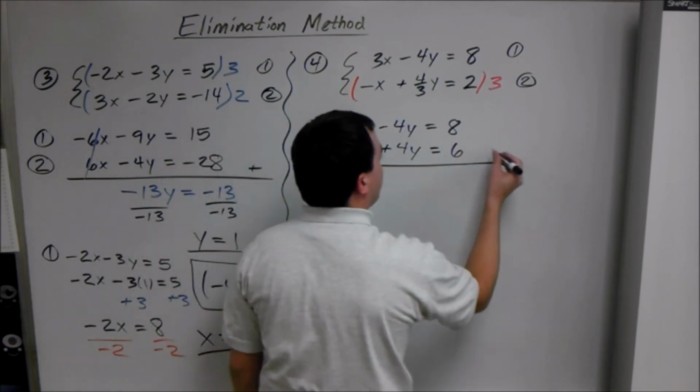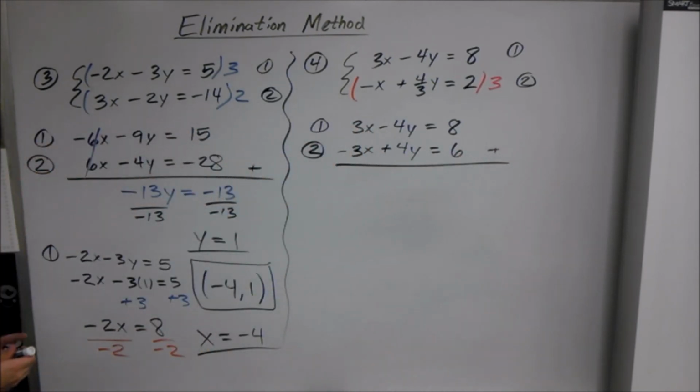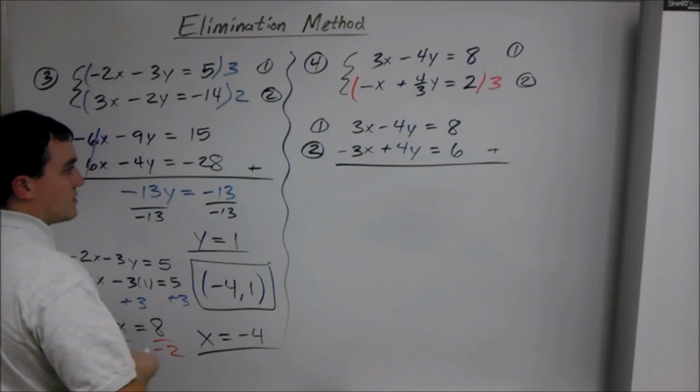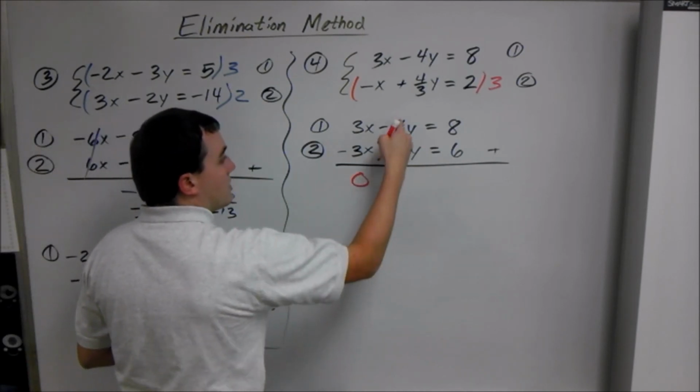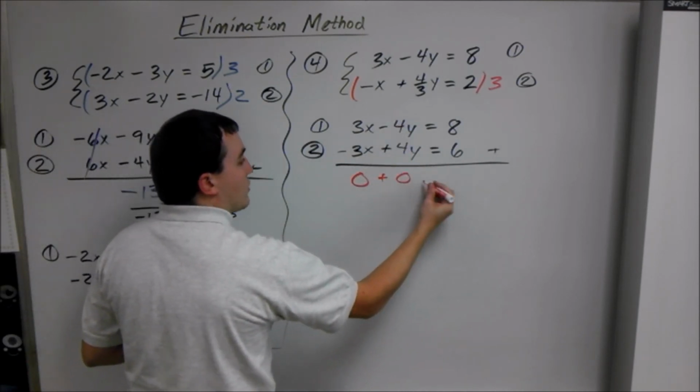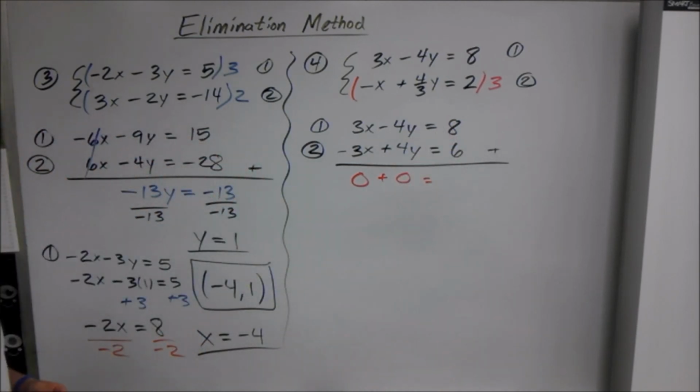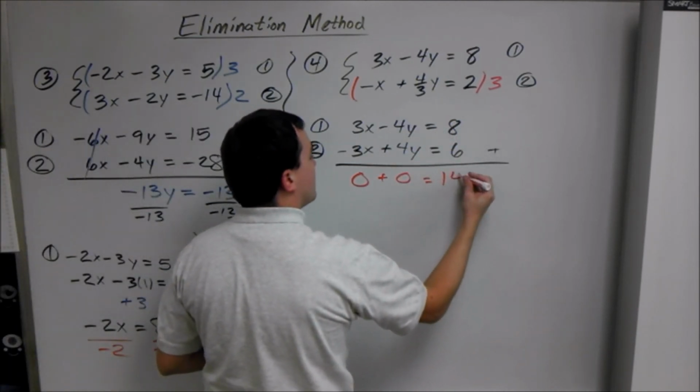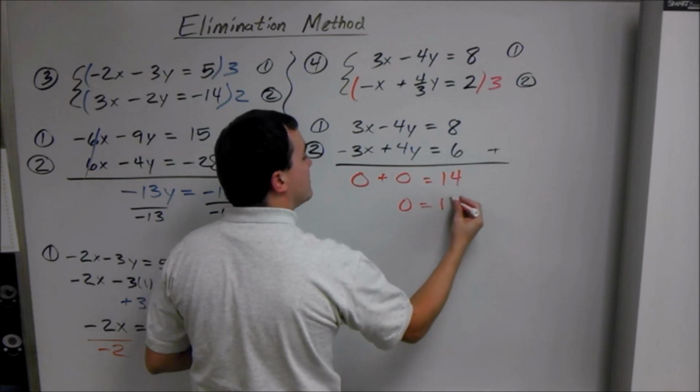Then we add them up. 3x minus 3x is 0. Negative 4y plus 4y is 0 equals 8 plus 6 is 14. So we get 0 equals 14.